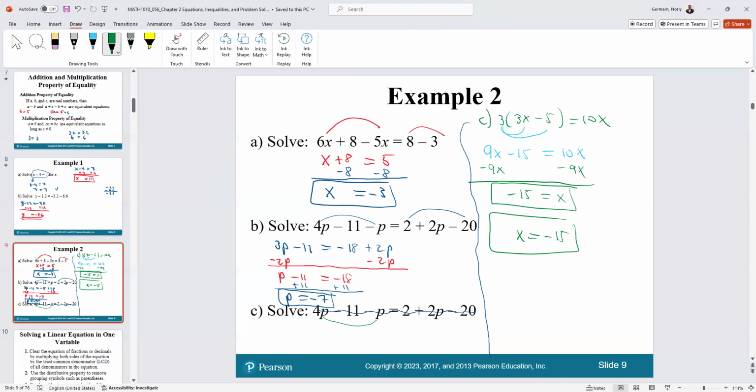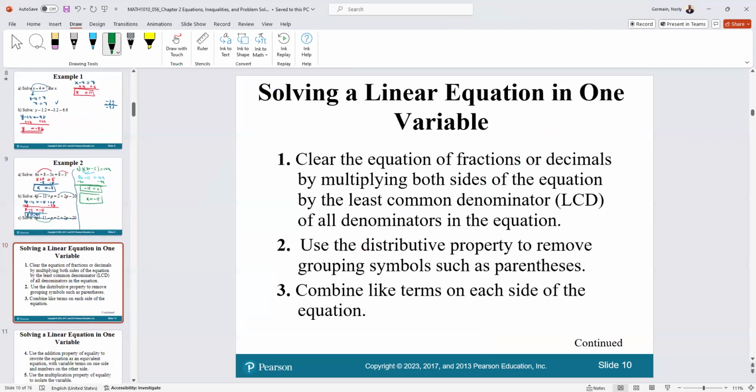All right. Solving equations containing fractions or decimal, that's very important to do. First of all, to solve linear equations containing fractions or decimals, you need to clear the equation of fraction or decimal by multiplying both sides of the equation by the least common denominator, LCD, of all denominators in the equations.